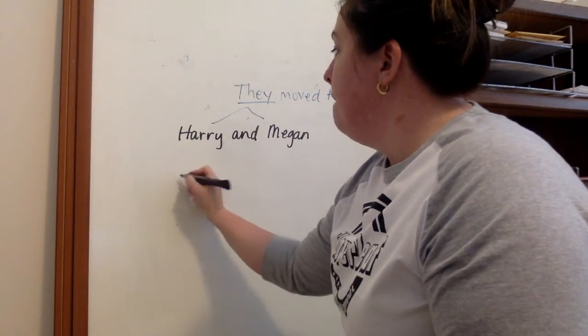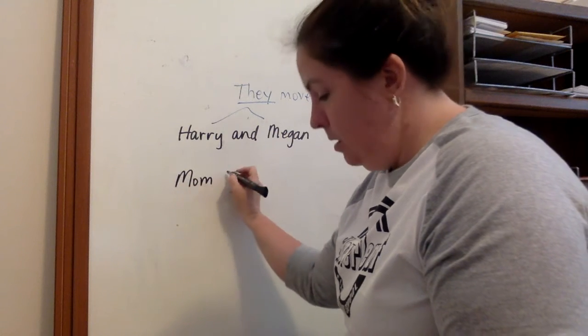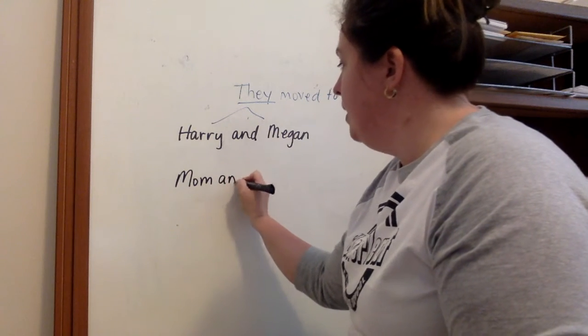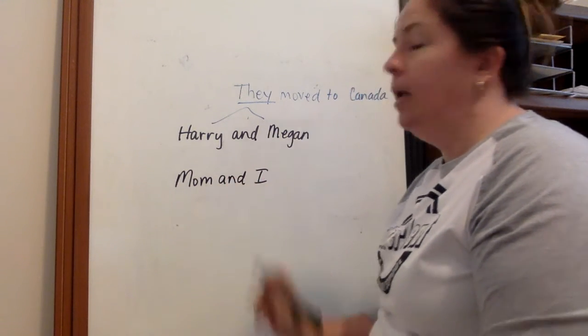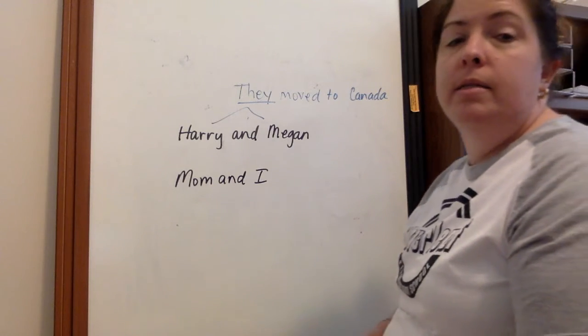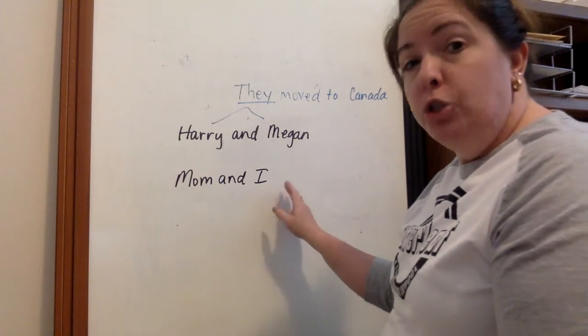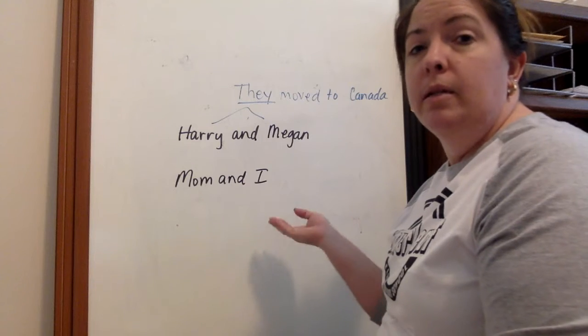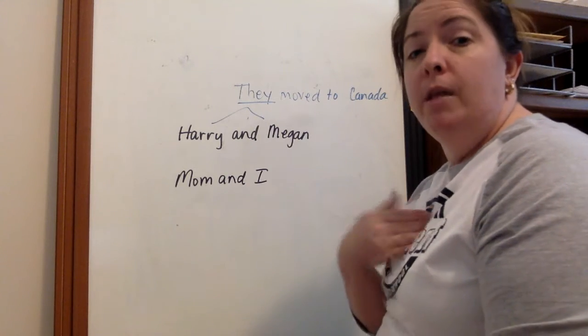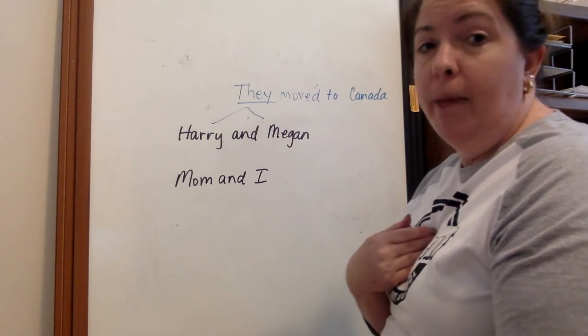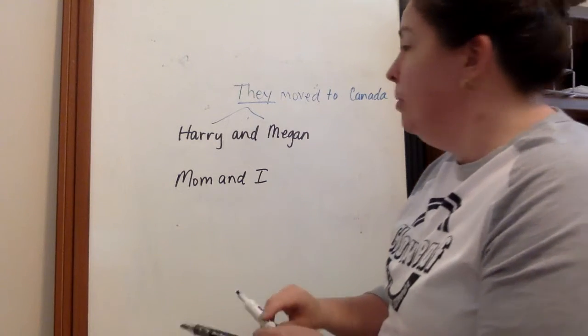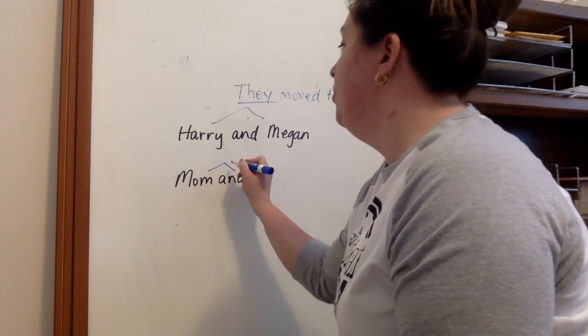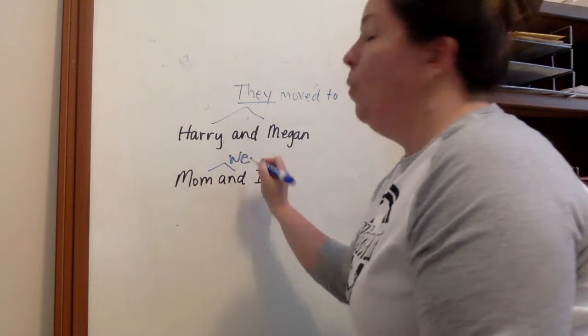Our next one, Mom and I, okay? So in this sentence, there are two people that the sentence is referring to, but one of them is yourself, Mom and I. So we would replace that with the pronoun we.